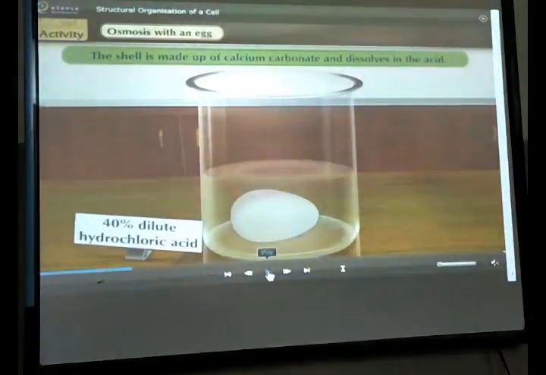You all know the outer covering of the egg is made up of calcium carbonate, and it dissolves in the acid, hydrochloric acid.